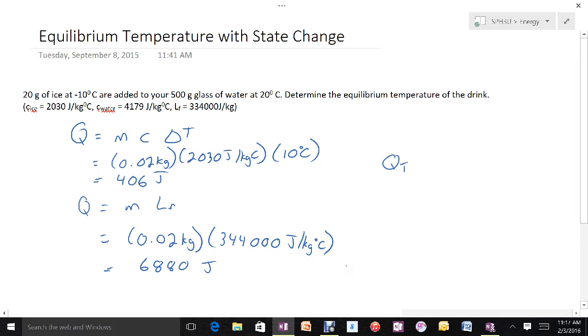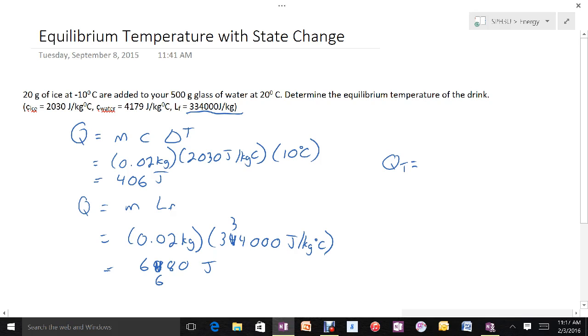So I'm getting 6,880. Oh, I gotta be careful here. I miswrote that. It should be 334, which will make this 6,680 joules. So that's the energy required to melt the ice.